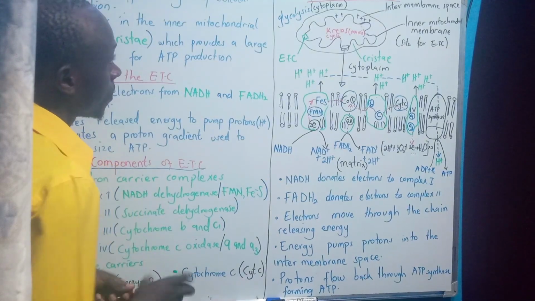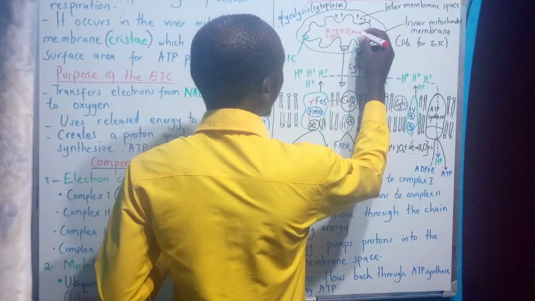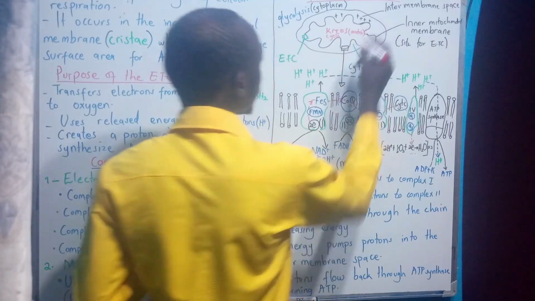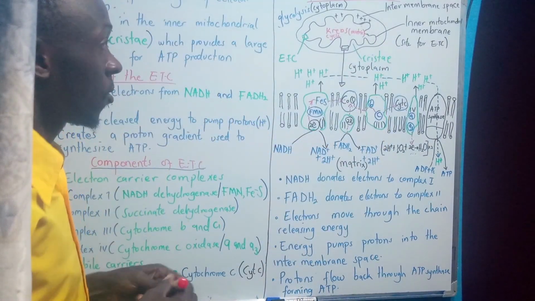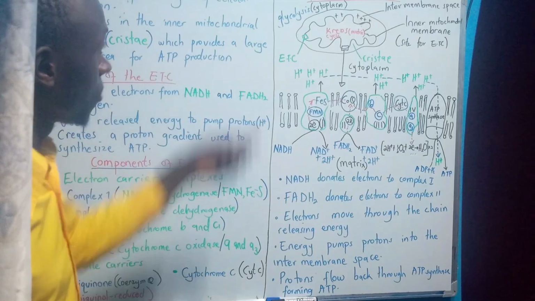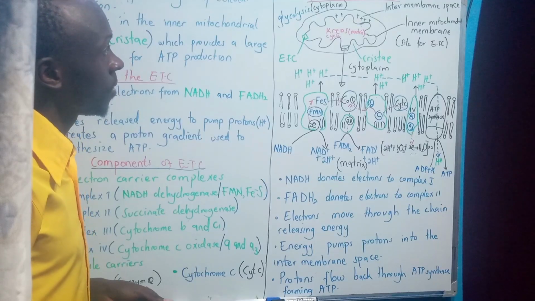The mitochondrial matrix is located inside the mitochondria. It is like the cytoplasm of the mitochondria. It is where the Krebs cycle is going to be taking place.